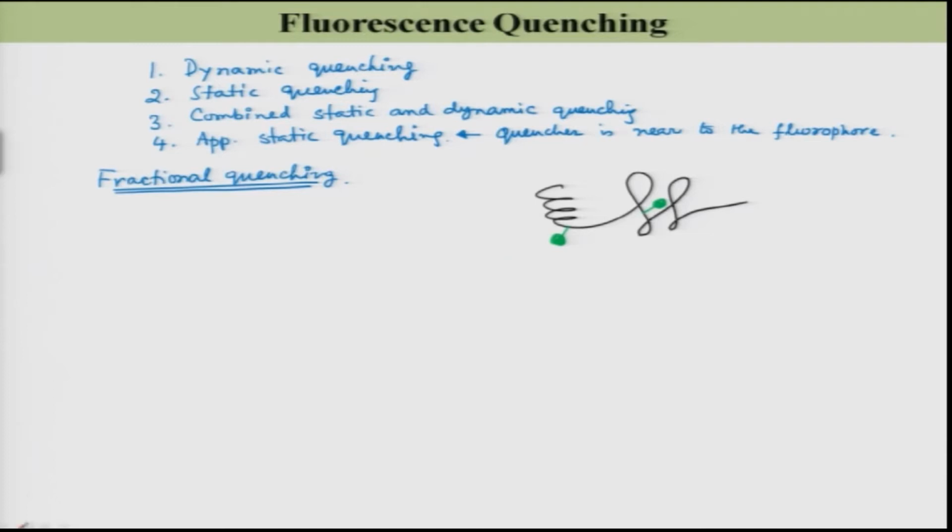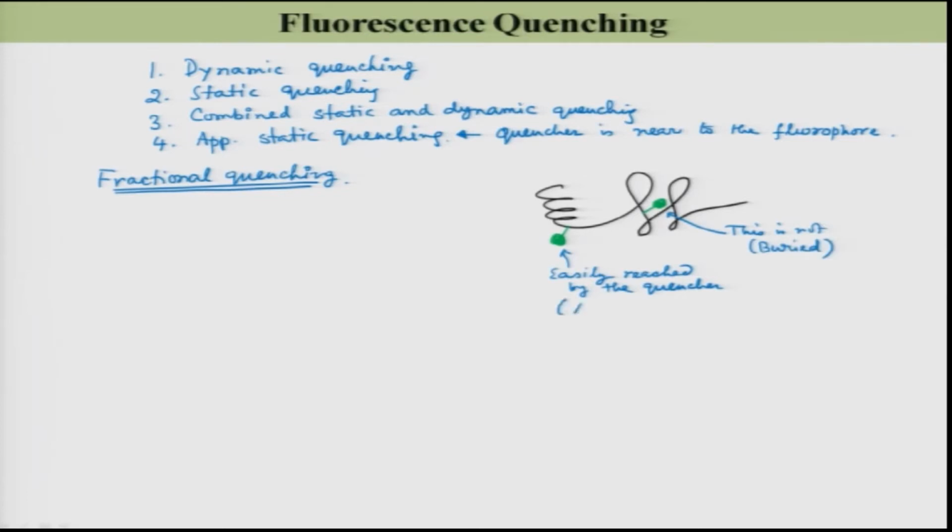What can I comment about the position of these two fluorophores? This fluorophore is easily reached by the quencher, but this is not. This is present in a buried location.